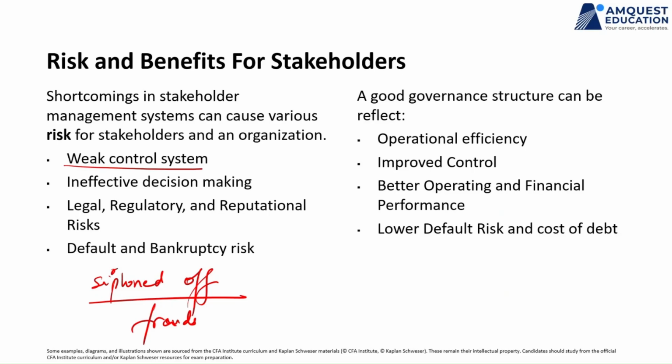As soon as the corporate governance issue is highlighted, the first thing that the company loses is its reputation in the market. People don't trust, right? For example, there is news on corporate governance that there is a lapse.